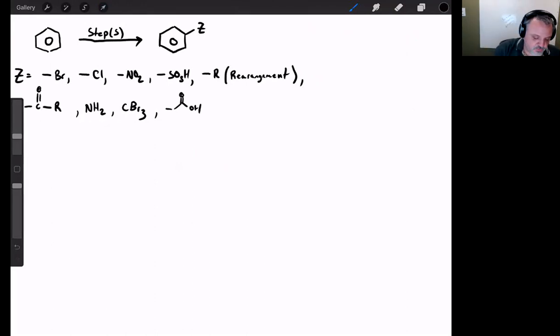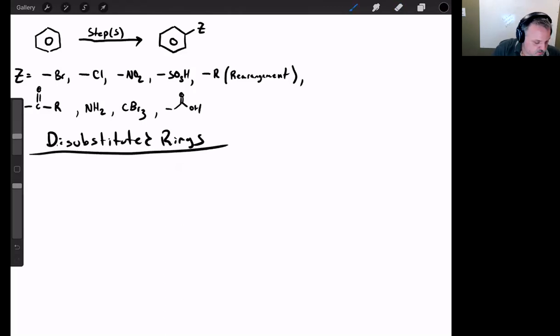It's really then when we get to disubstituted and multiple substitutions on these rings that we really have to think about what's going on. And so let's take a look at an example of that.